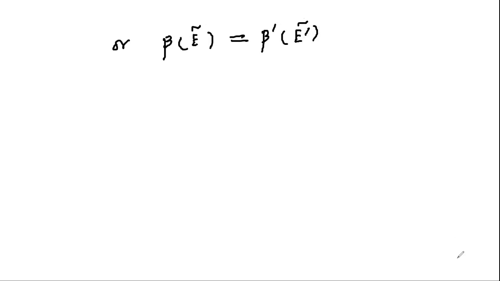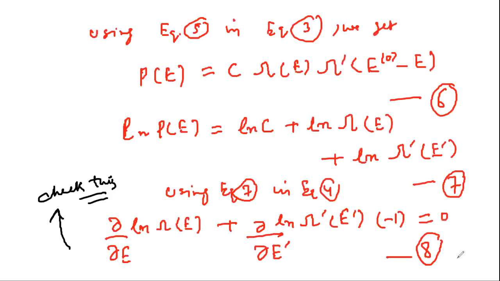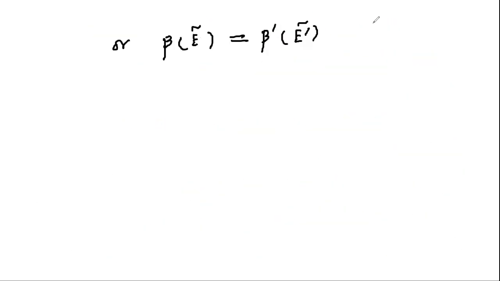That's my equation 8. I call it 9, where E curly and E prime curly denote the corresponding energies of A and A prime at the maximum, which we are figuring out.